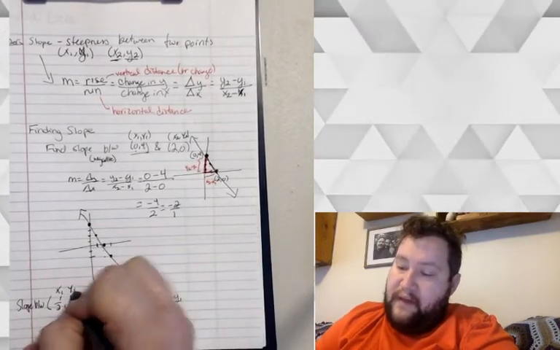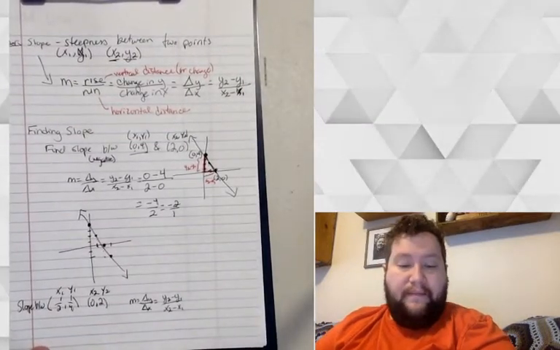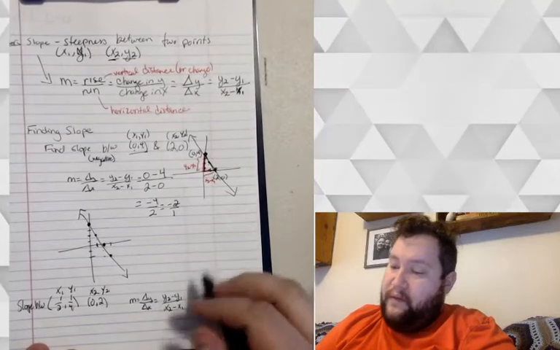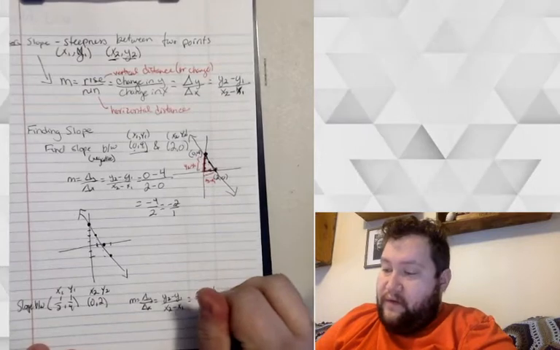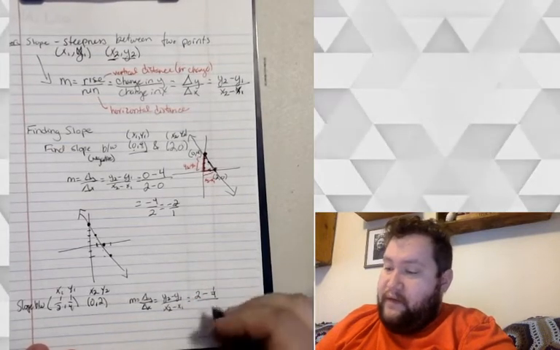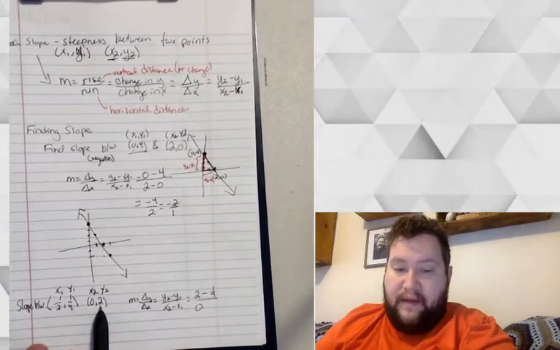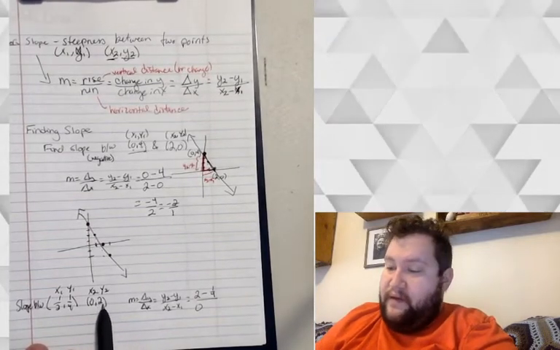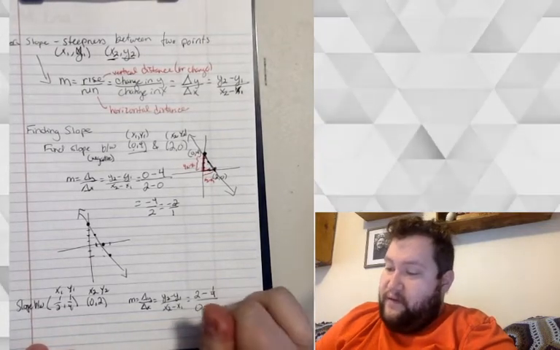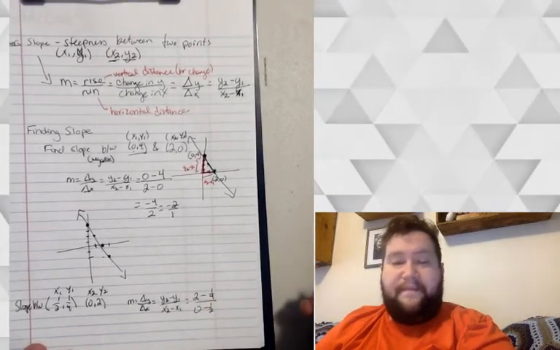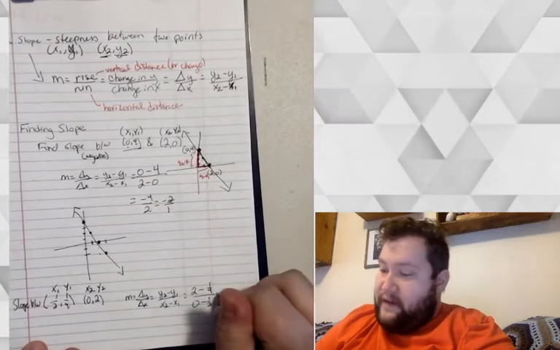So let's give these names. y2 is 2 minus y1 is a quarter over x2 is 0. So y2 minus y1 over x2 minus x1, 0 minus 1/2. And then we can go ahead and calculate that difference.